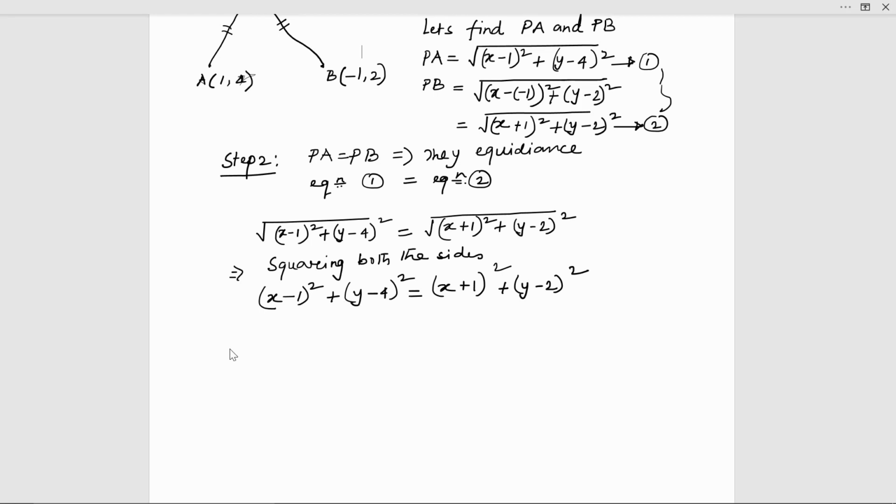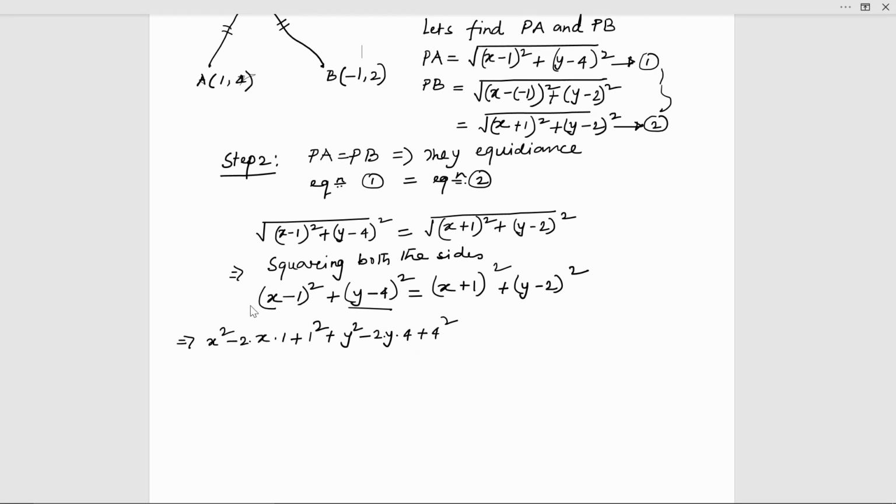So the left hand side is x square minus 2 into x into 1 plus 1 square, plus y square minus 2 into y into 4 plus 4 square.